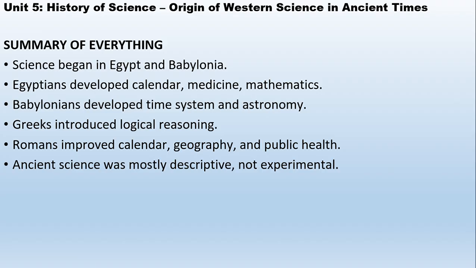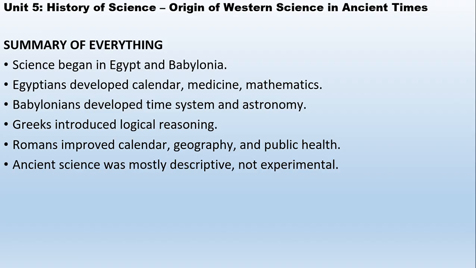Also, the Romans improved the calendar with the help of Julius Caesar. They modified it into the Gregorian calendar that we are using currently in Nigeria. They also improved geography and public health. They built hospitals and water supply systems.